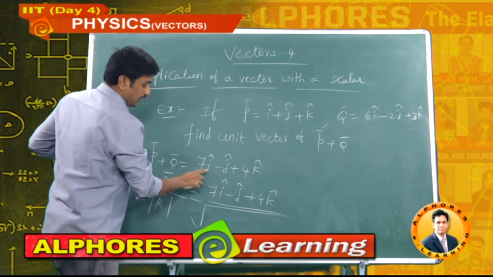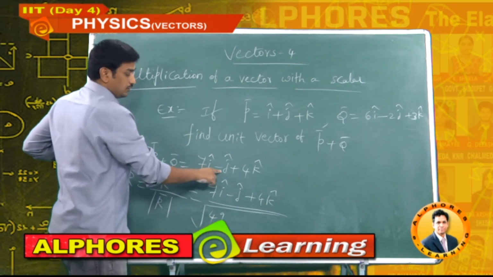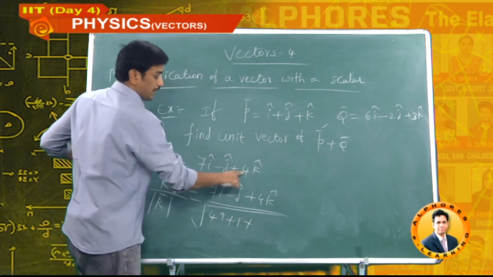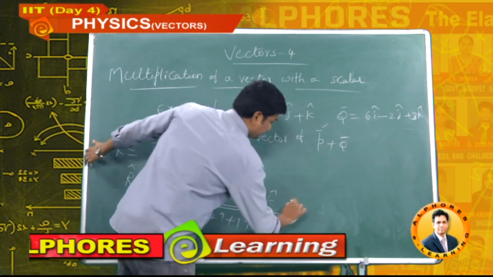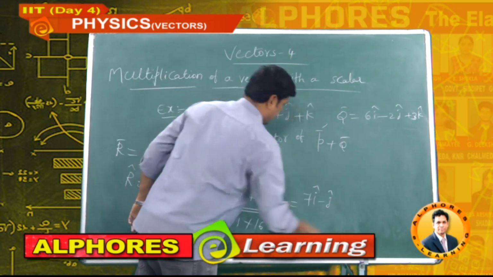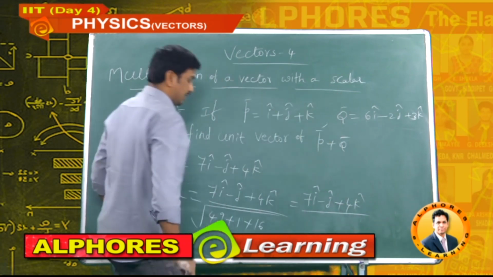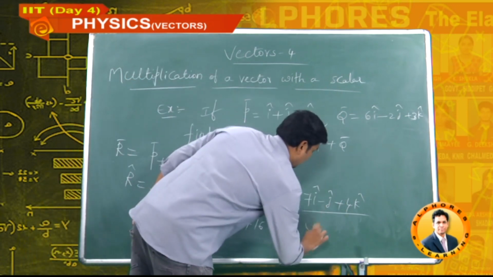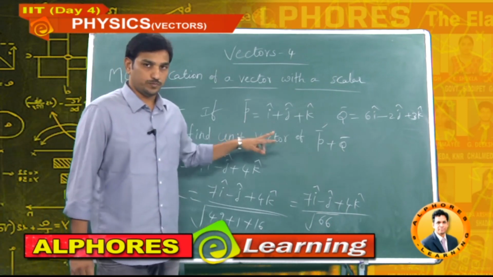Under root of i cap coefficient whole square, 7 square is 49, plus j cap coefficient whole square, minus 1 whole square, it's 1, plus k cap coefficient whole square, that is 16. Now 7 i cap minus j cap plus 4k cap divided by under root of 49 plus 1, 50, 50 plus 16, under root 66.